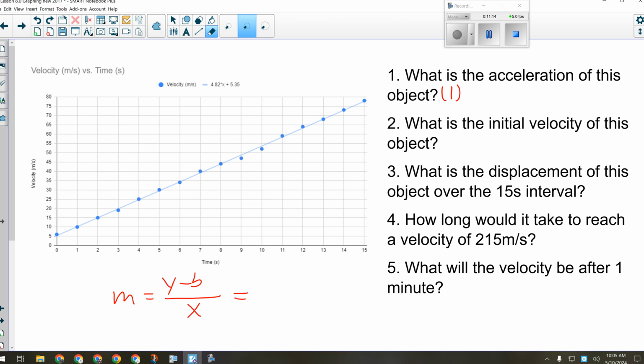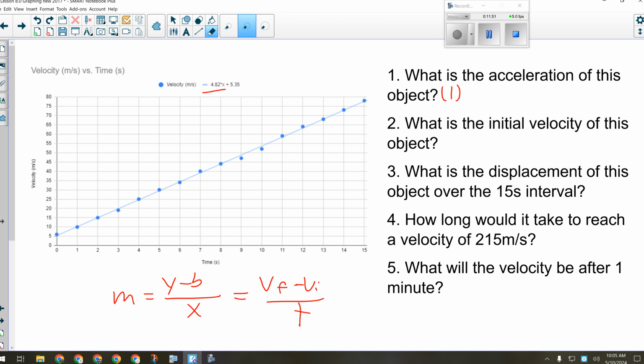So on this graph, is the slope the rate at which the velocity changes over time? It is, without me having to go and find these numbers. I can just look right here and know that that 4.82 meters per second squared is the rate at which the velocity is changing. Did that require me to memorize anything other than the definition of acceleration? It just required me to look at my graph and ask, what's here, and what does slope always represent?